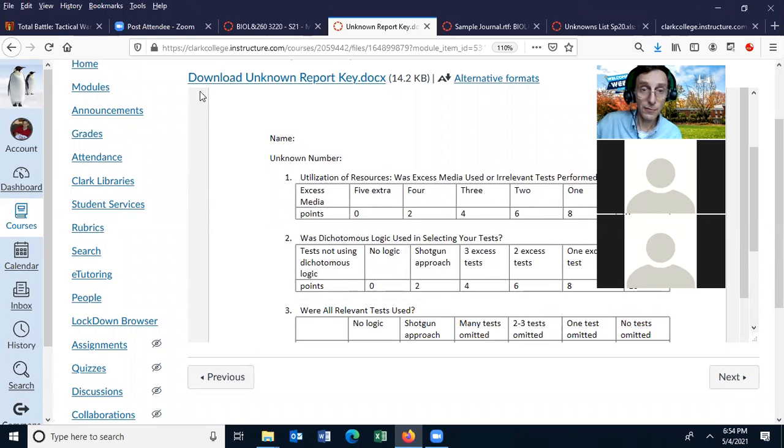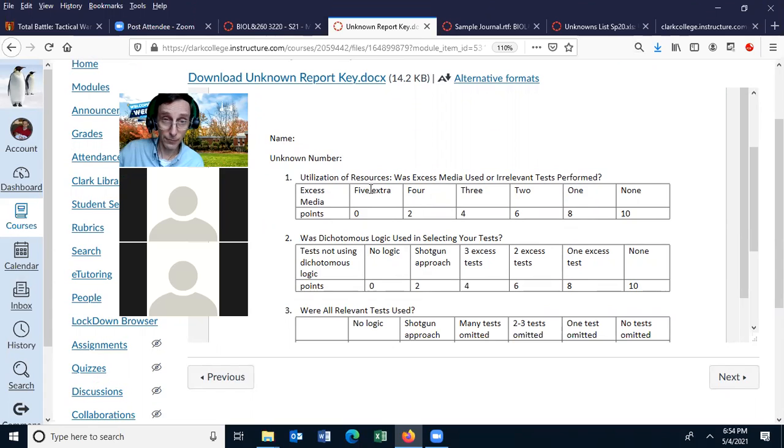the grading will largely be the utilization of resources. Did you use excess media, more media than you needed to identify your unknown? Was dichotomous logic used in selecting your tests? Were all relevant tests used?